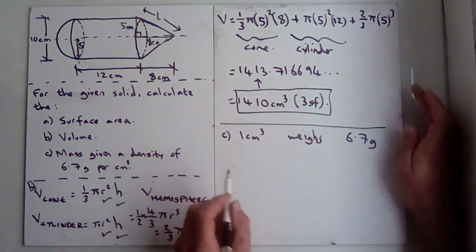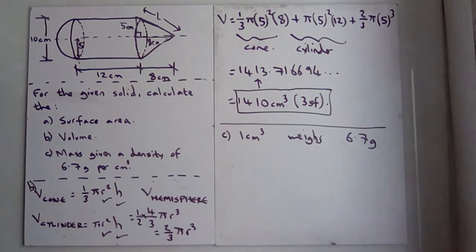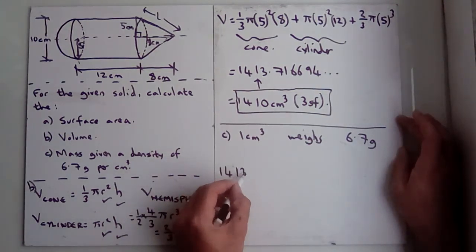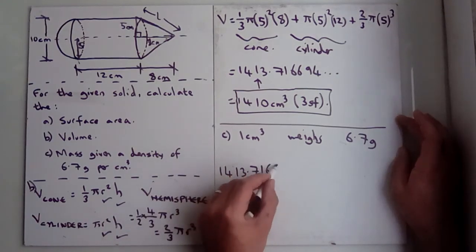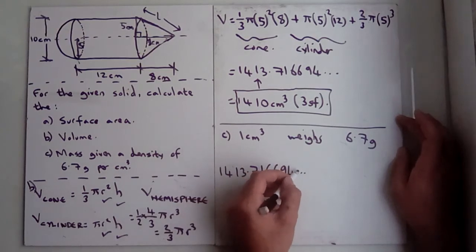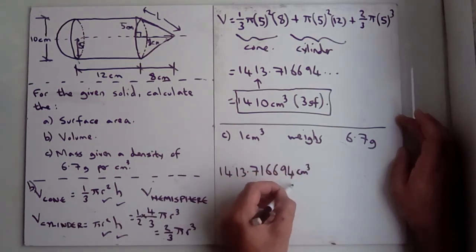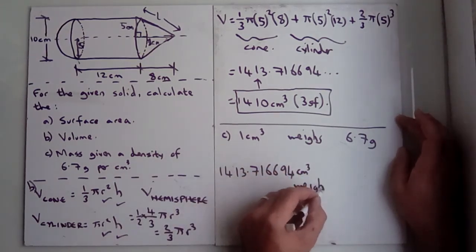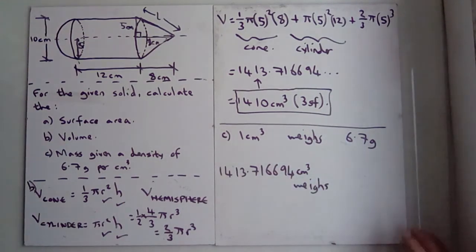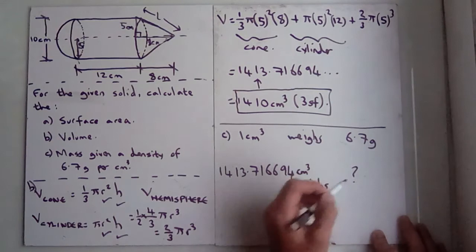So we want to know what 1413.716694 centimeters cubed must weigh or have a mass of, to be more correct. The science teachers wouldn't like me saying weighs. So that weighs question mark.